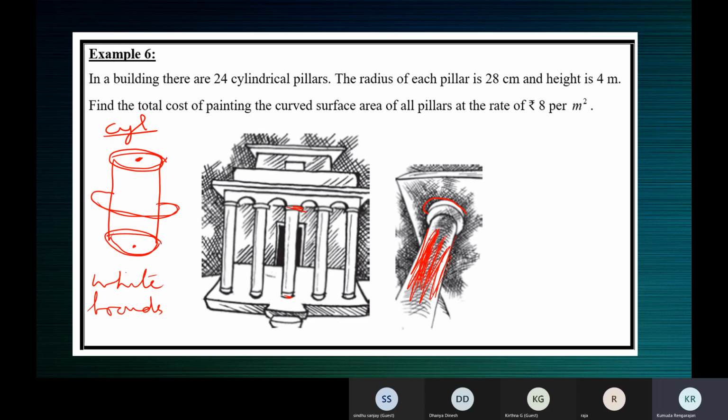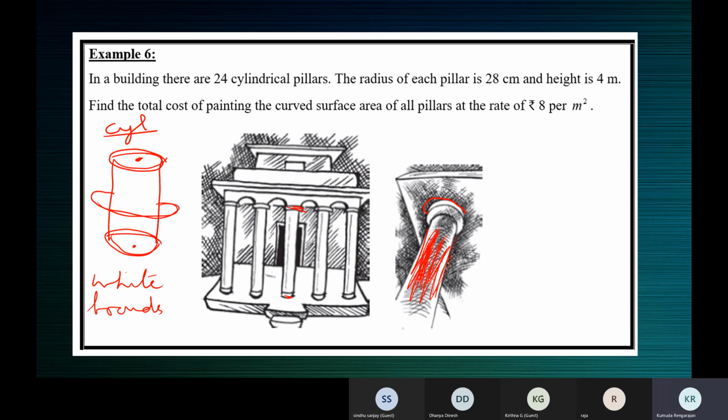So it has the curved surface area, the area of the top circle and the area of the bottom circle. You can touch the top circle, you can touch the bottom circle.